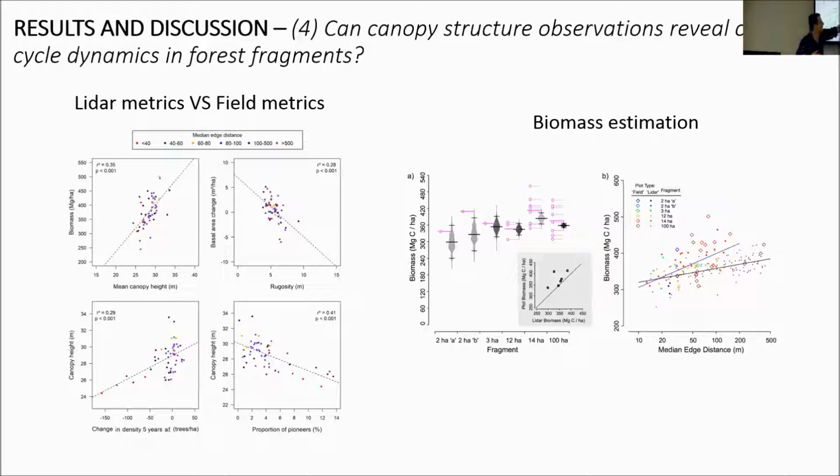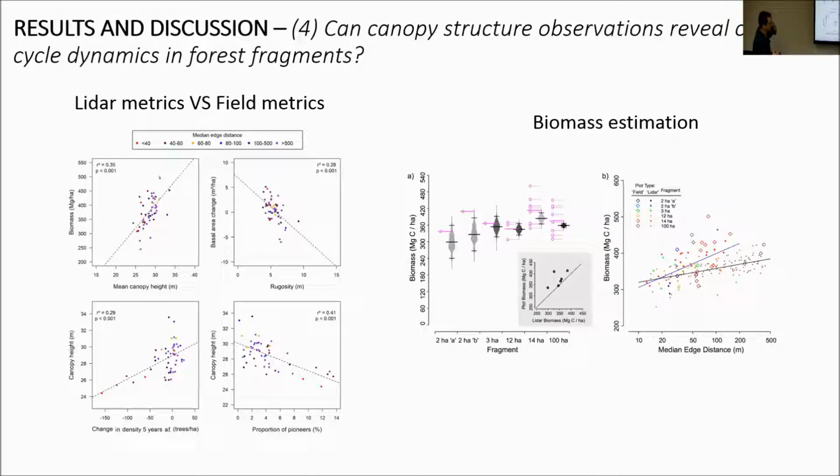Probably because the sample here is smaller, no? Because the fragments are one hectare, 2 hectares, 2 hectares, 3, 12, 40, 14, and 100. And in the 100, we have just 9 hectares sampled. Here we have the whole, almost the whole.